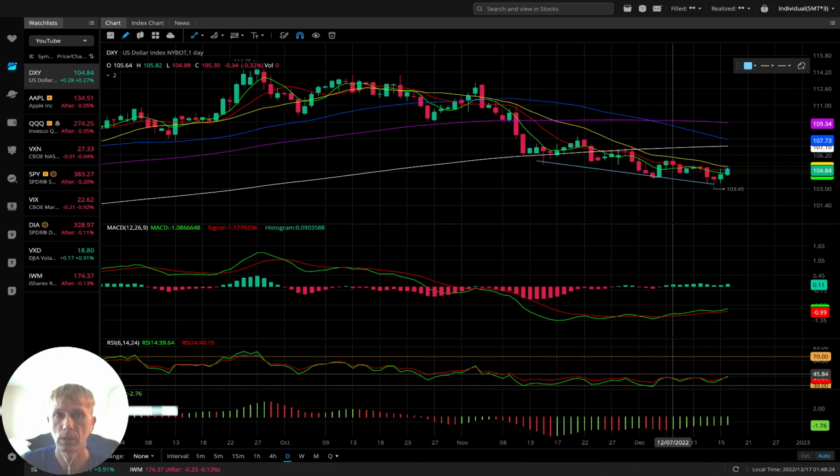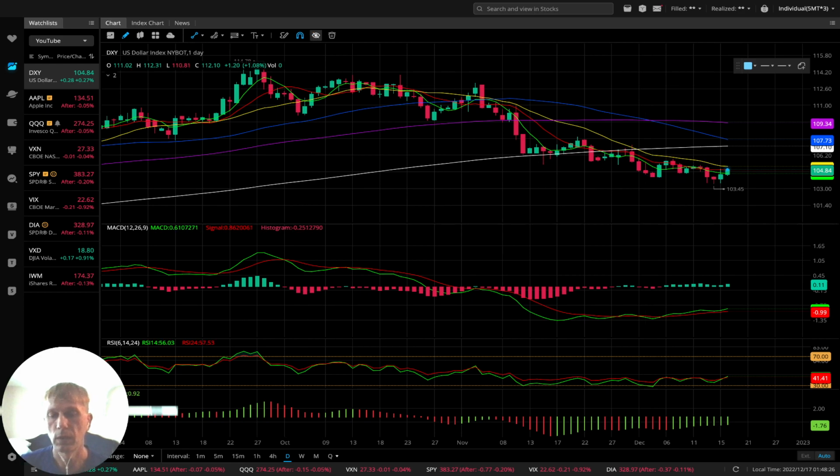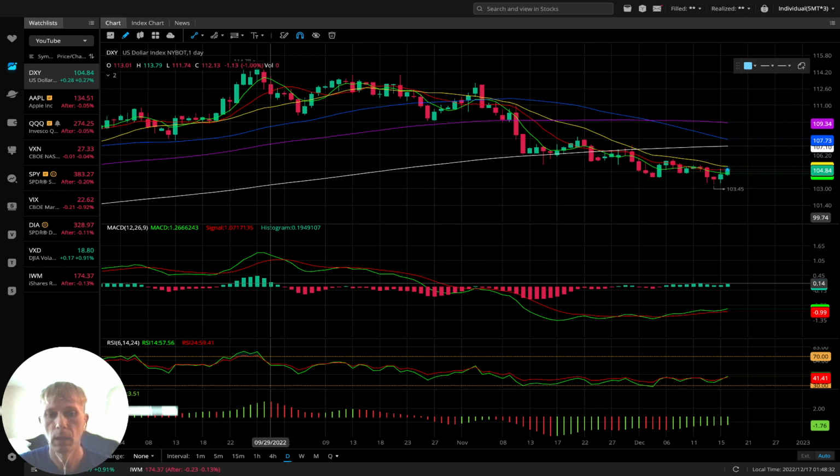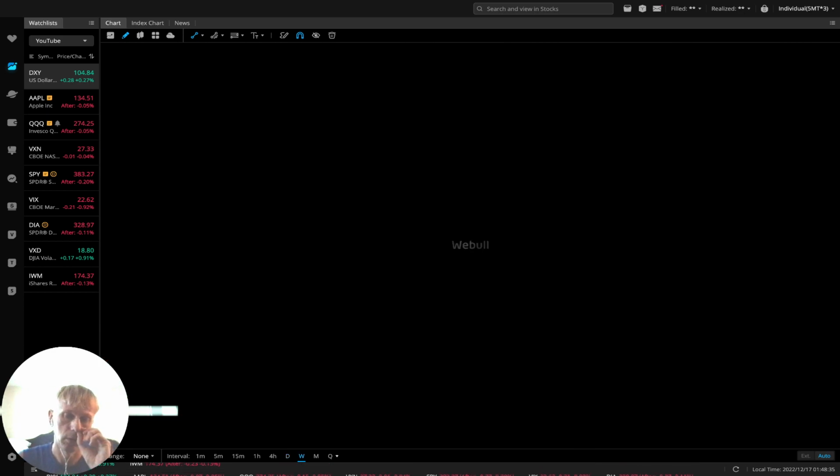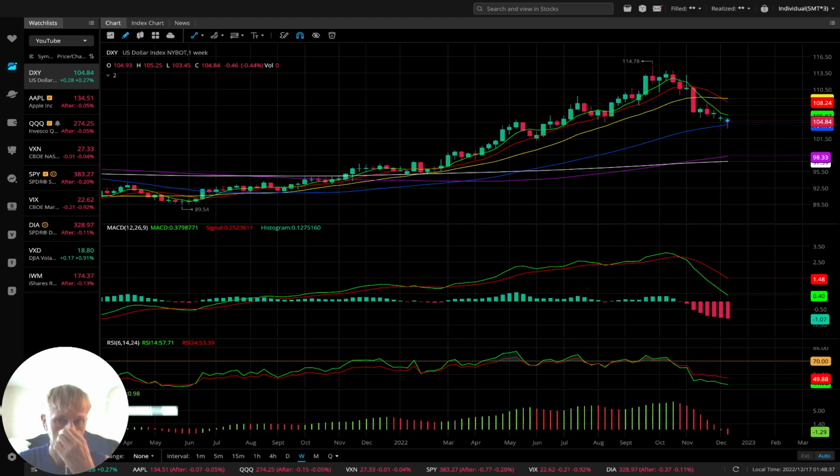It's a bullish signal, the dollar wants to go bullish. It's bearish for the market, right? But weekly, no divergences yet. Still a bearish trend for the dollar, and that's bullish for the stock market. But on daily, it's a different story, right?